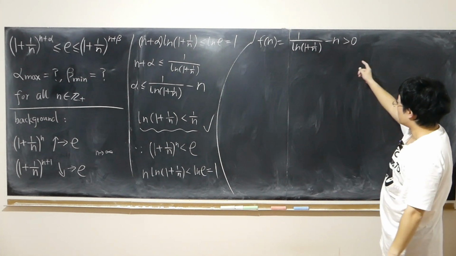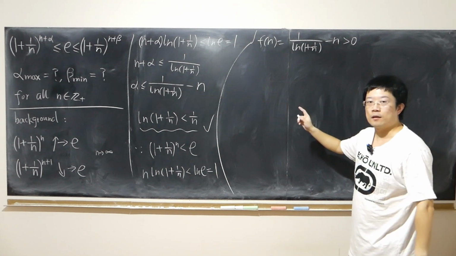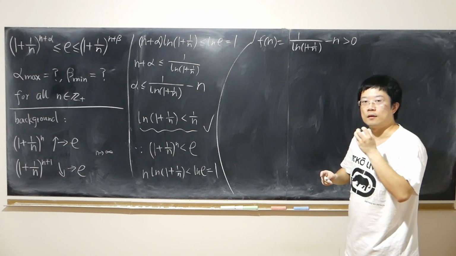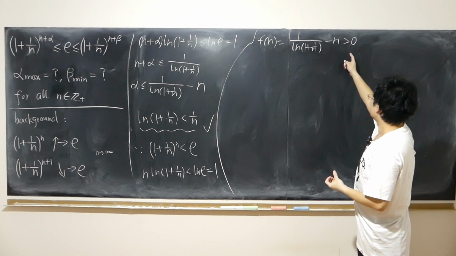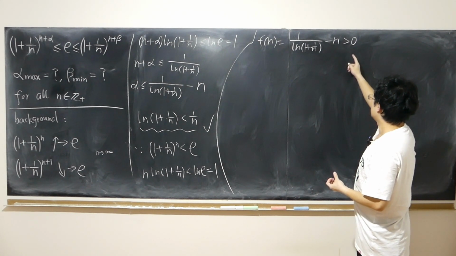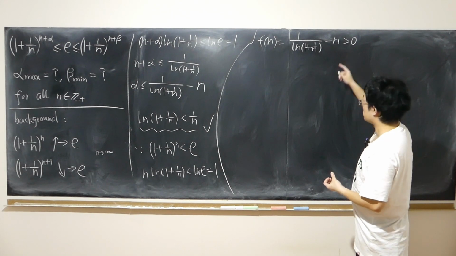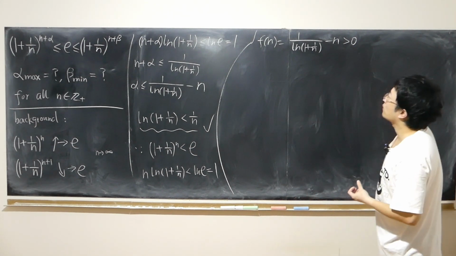Right? 0 is a lower bound, but not necessarily the greatest lower bound. The greatest lower bound could be strictly greater than 0. 0.2, 0.3, all possible. Not necessarily 0. But let's find out.